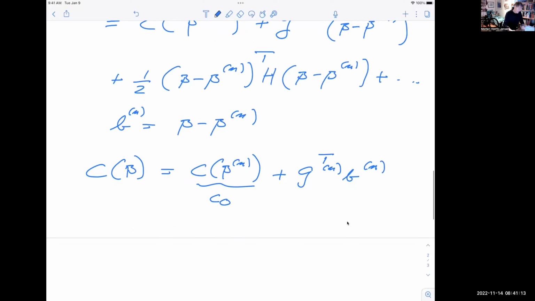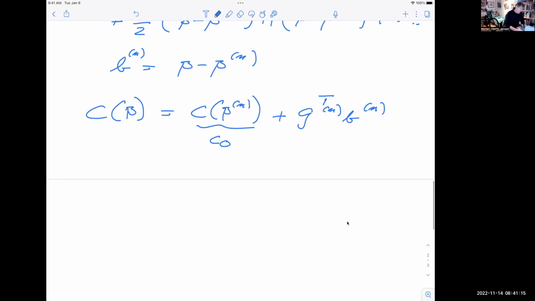And then I have the next term, so we put an approximation sign, plus 1/2, and then we have b transpose of n multiplied with a Hessian matrix, which is evaluated with a value of beta of n, and then this is multiplied with b of n. So this is now our cost function approximated to the second derivative, and Taylor expanded around the difference between beta, the optimal value, and the previous iteration.